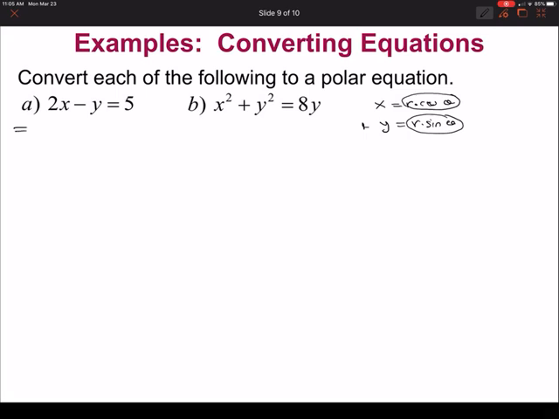So to convert this linear equation, 2x minus y equal 5, in example A, this equation of a line, let's look at it in terms of polar coordinates. So 2 times x, that'll be 2 times r cosine theta because x equals r cosine theta.